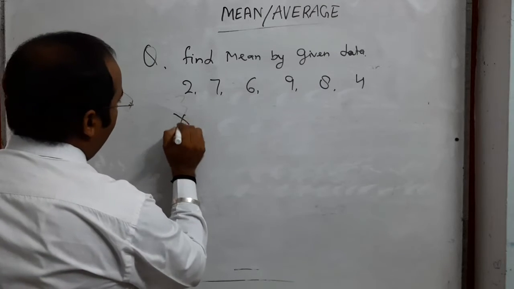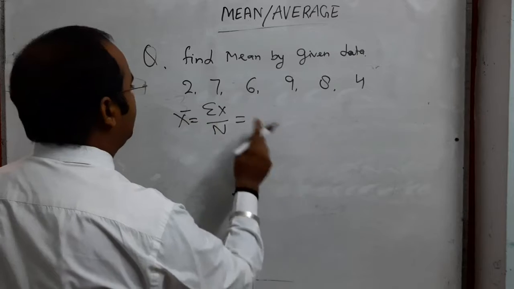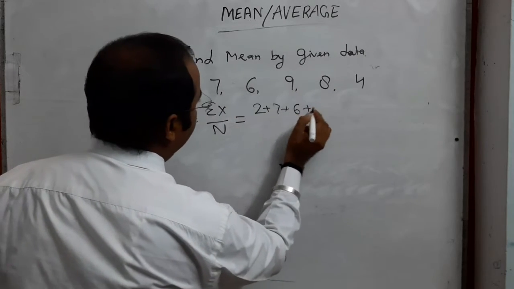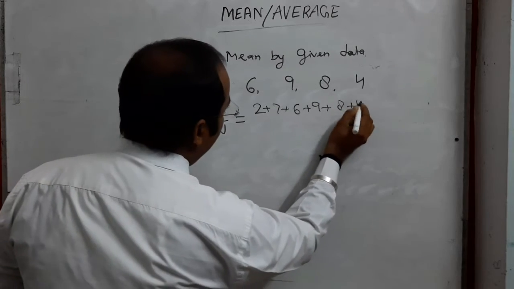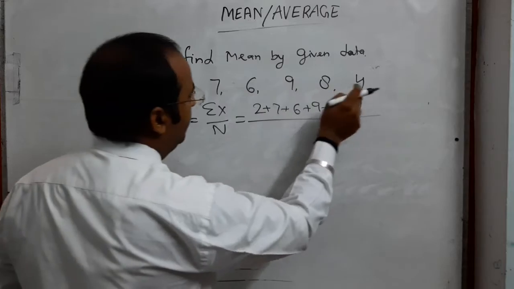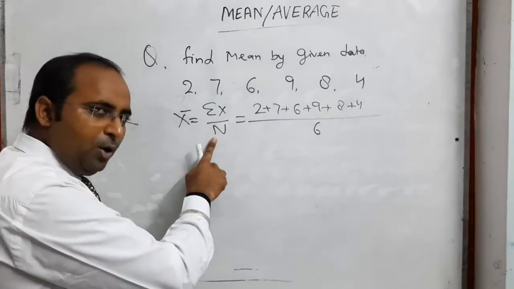I tell you the formula: x bar equals sigma x upon n. Sigma x, the sum of observations, is 2 plus 7 plus 6 plus 9 plus 8 plus 4, upon how many items? 1, 2, 3, 4, 5, 6. N is the number of items.